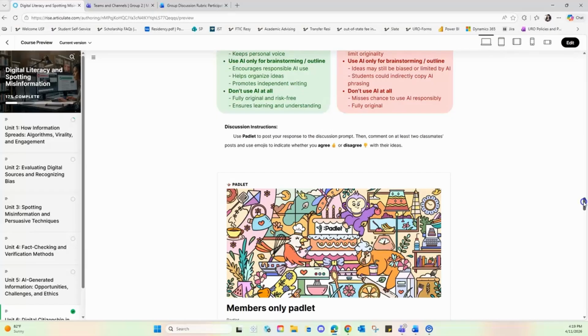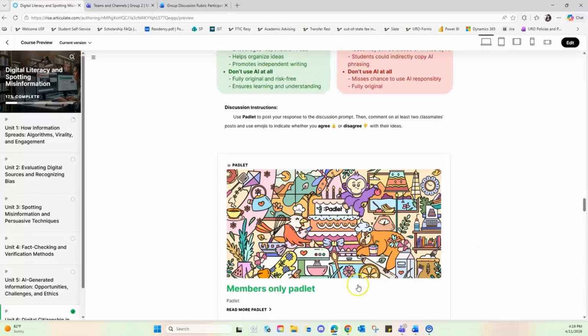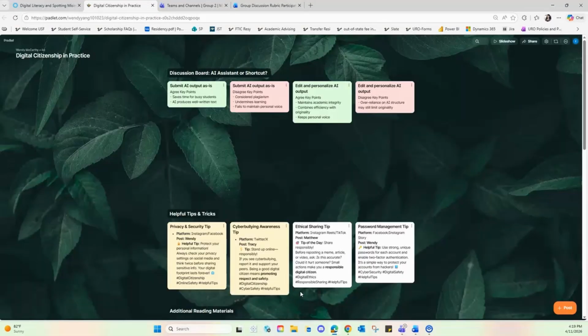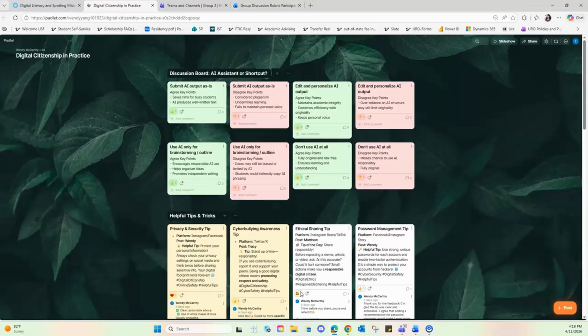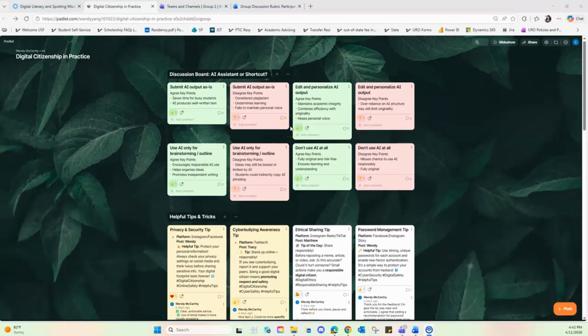Here is how Padlet works. Students post their response by agreeing or disagreeing with four options. After that, they can interact with each other by commenting, explaining why, and sharing their perspectives.